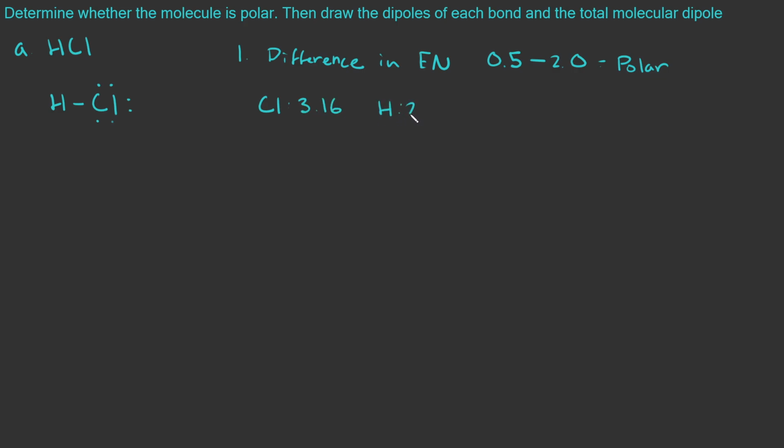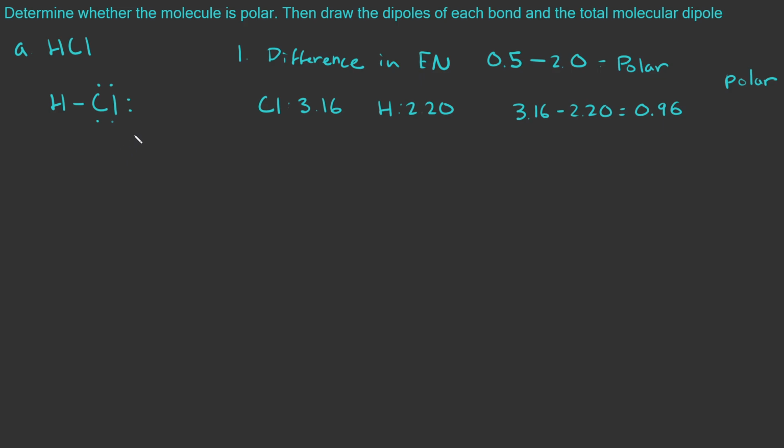H was equal to 2.20. And the difference between these two values is 3.16 minus 2.20, which is equal to 0.96. And since this is in between our two values from before, this is a polar bond. So HCl is a polar bond.